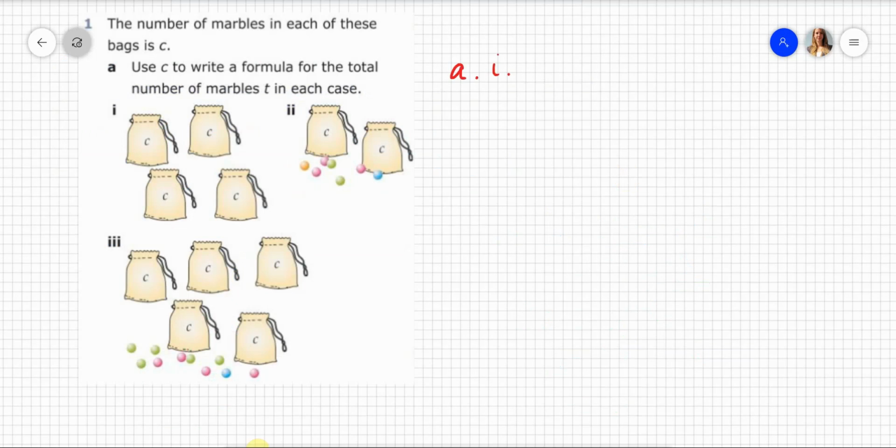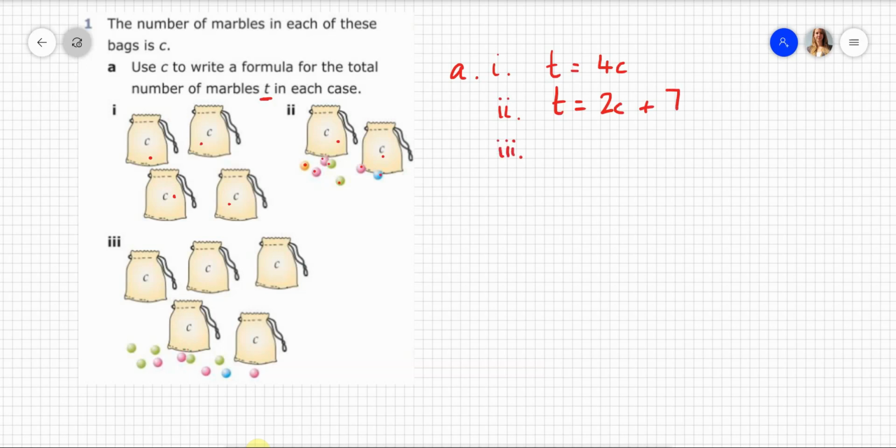So for A, part 1, you need to do the total marbles in each case. So T equals, and we've just got 4 bags, 1, 2, 3, 4. So T equals 4C. For part 2, T equals 2 bags, so 2C, but then we've got these loose marbles, so 1, 2, 3, 4, 5, 6, 7, so 2C plus 7.